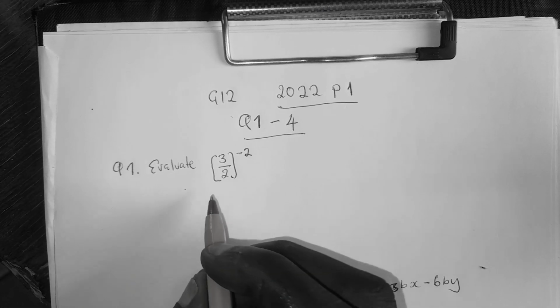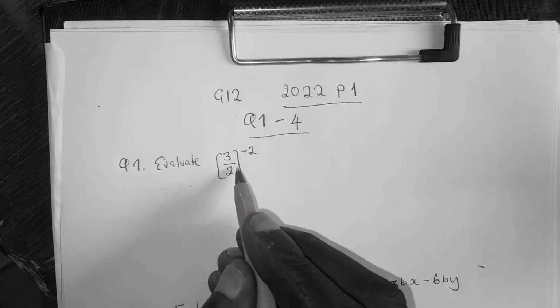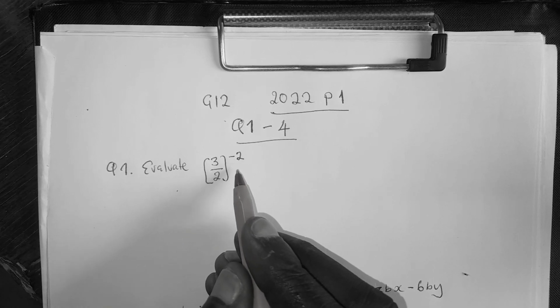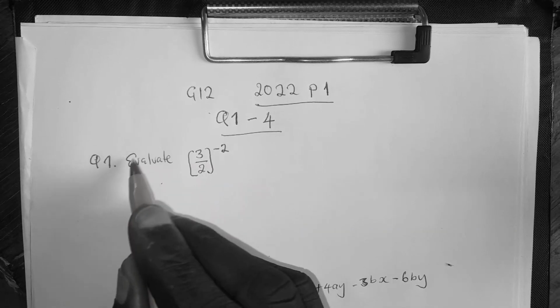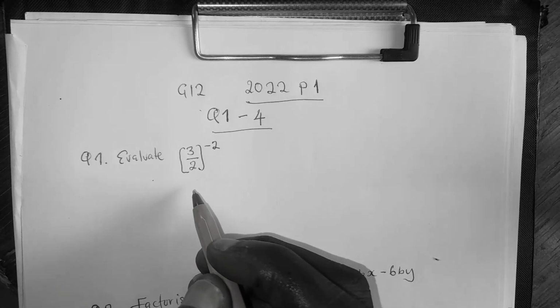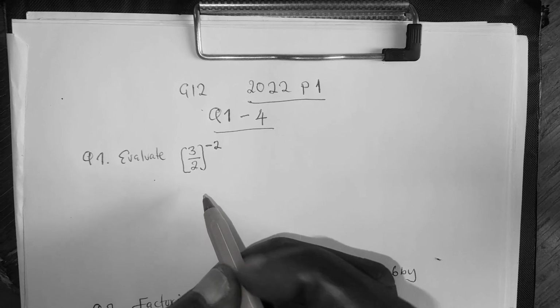So the first question is evaluate (3/2) to the power negative 2. This comes from the topic indices, or index notation. Under indices, we apply different laws.